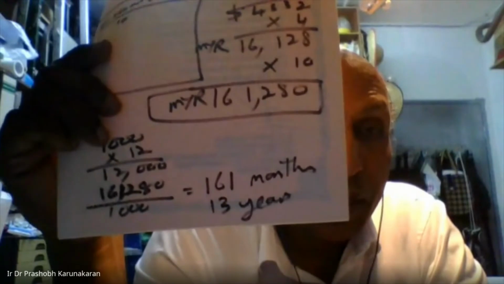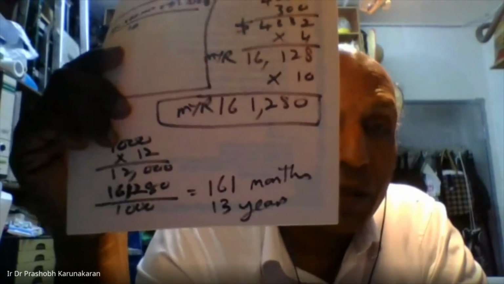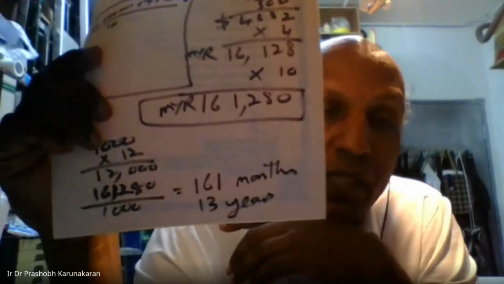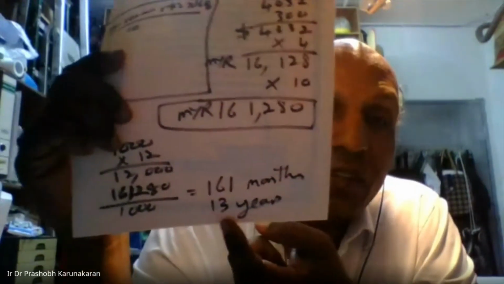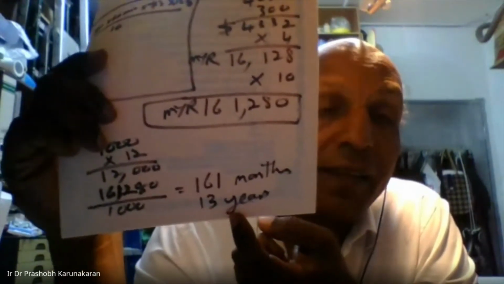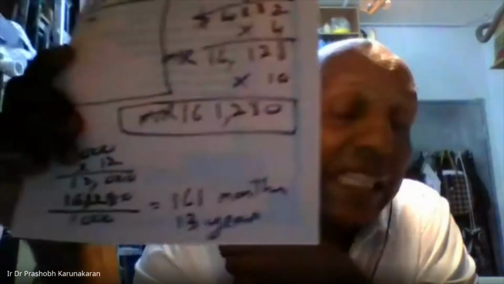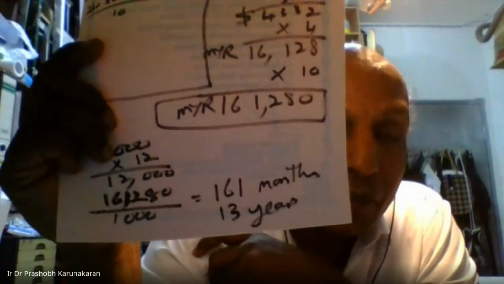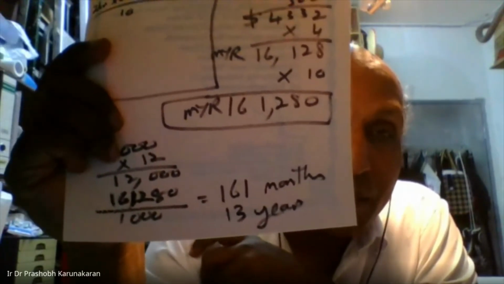So there's no way a new worker is as good as an old worker, because a new worker that you take from outside will cost this much money, 13 years of salary, because of the mistakes he or she will make.